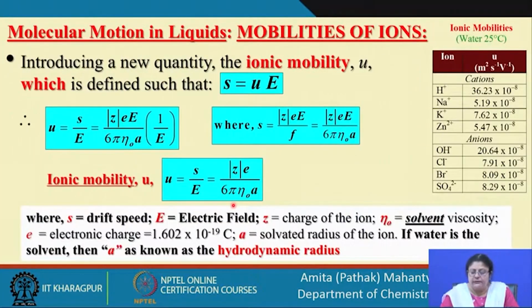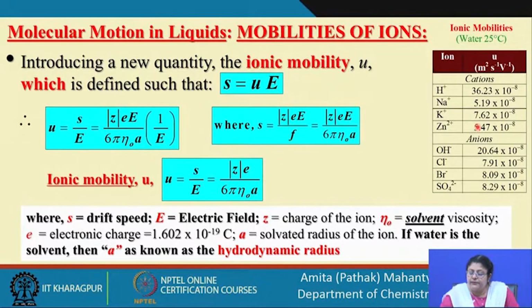Now, just have a look at the ionic mobility values which I have written down. This is sodium, this is potassium, that is zinc, and this is H plus. The order of the mobility is 10 to the power -8, all of them. But when we look at sodium, potassium and zinc, just have a look at the trend.